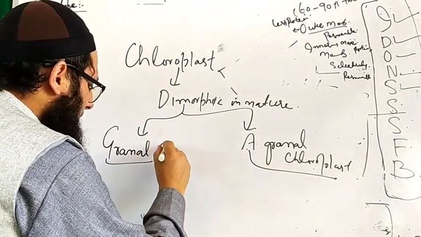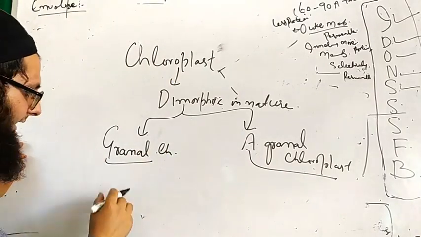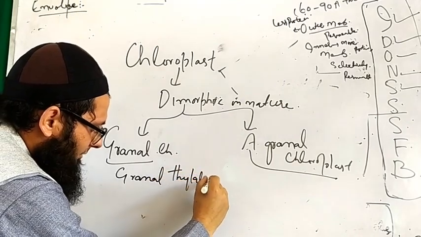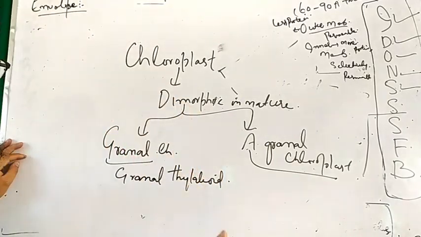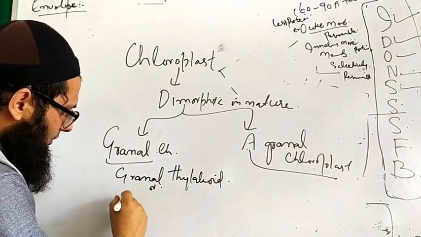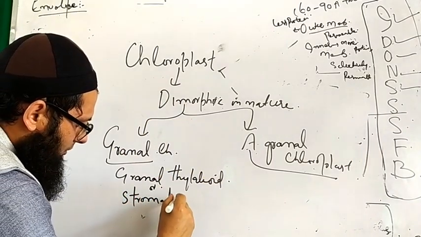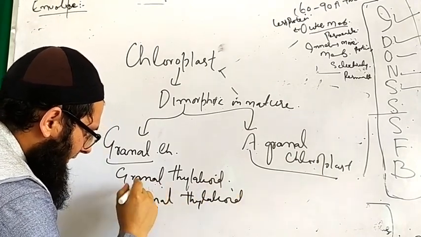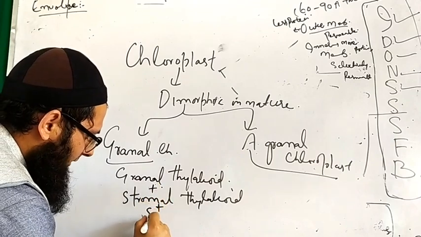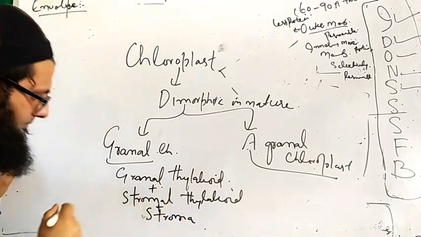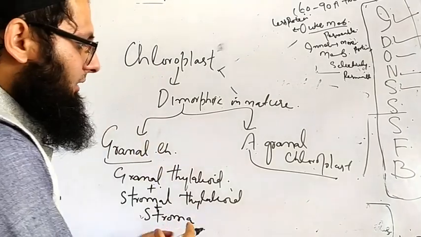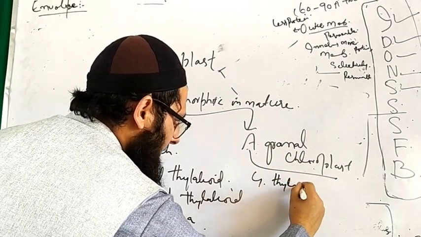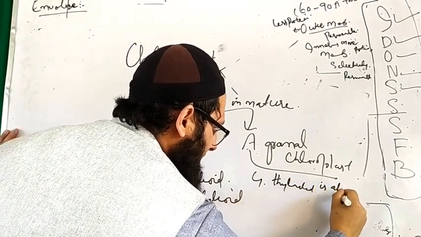The granal chloroplast is that chloroplast which has granal thylakoids, that means small thylakoids, or granal lamellae. They also have stromal thylakoids, so they have granal plus stromal thylakoids plus stroma. Whereas in the case of agranal chloroplast, a means without granum, the granal thylakoid is absent, is missing.